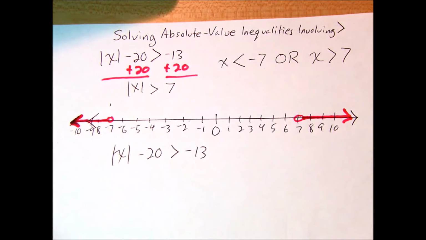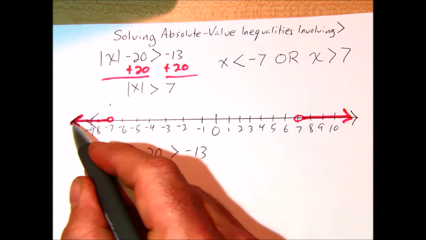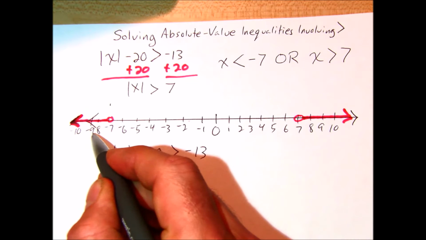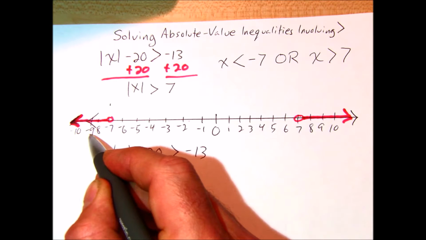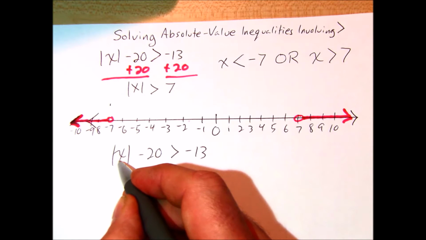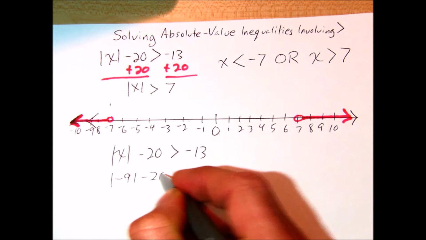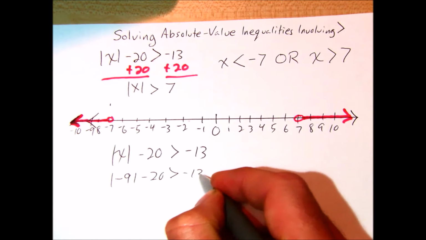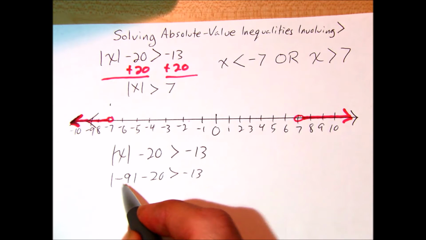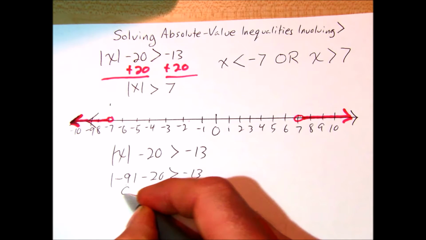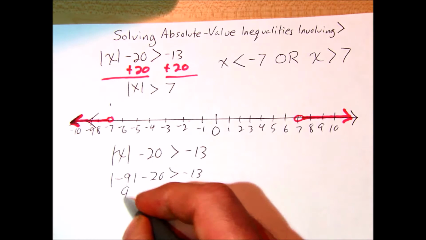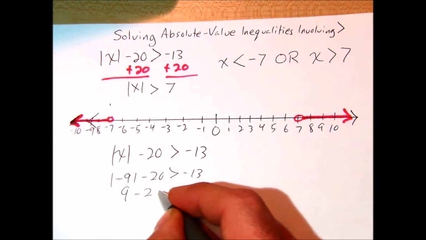If I check some of our solutions here to see if we're correct, if I plug in -9 for x, the absolute value of -9 minus 20 is greater than -13. So the absolute value of negative 9 is 9 units away from 0. So it's 9 minus 20.